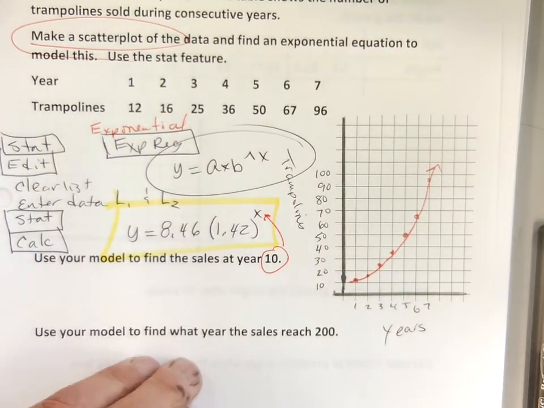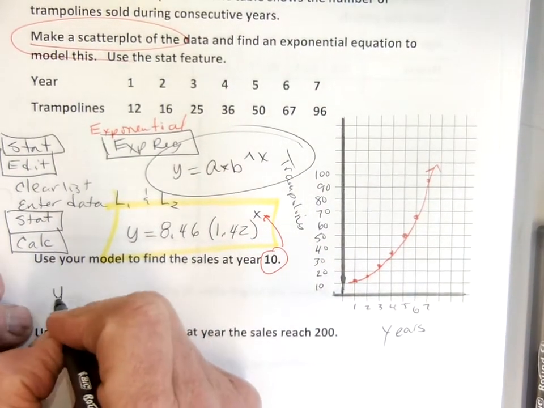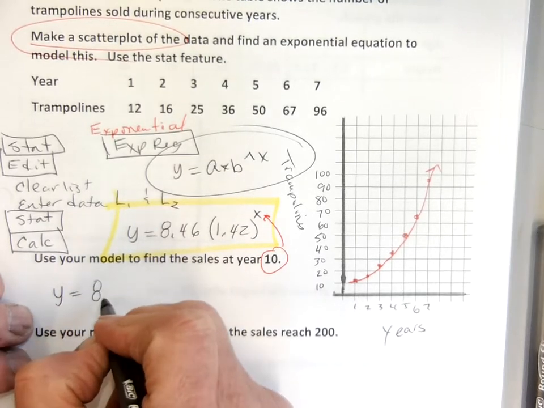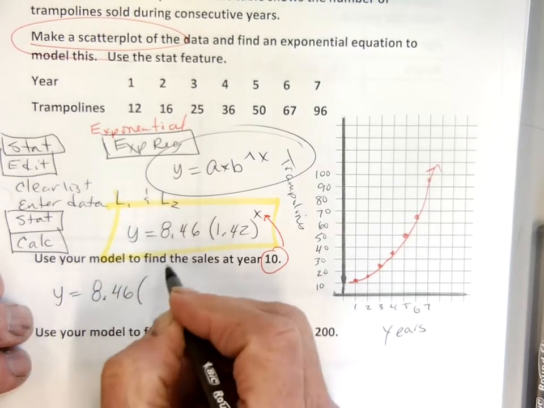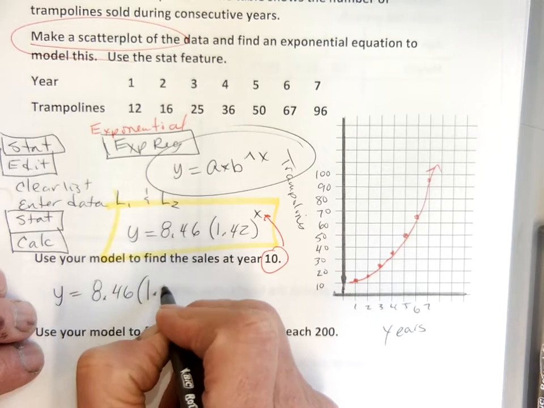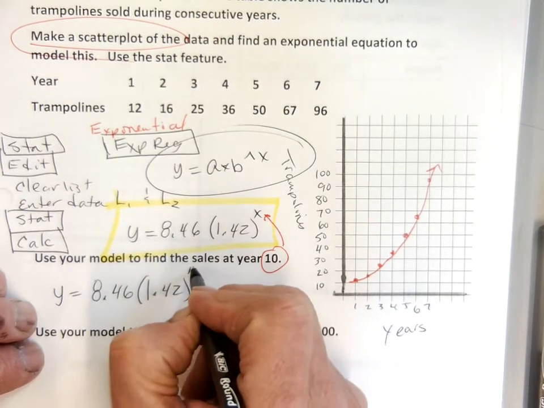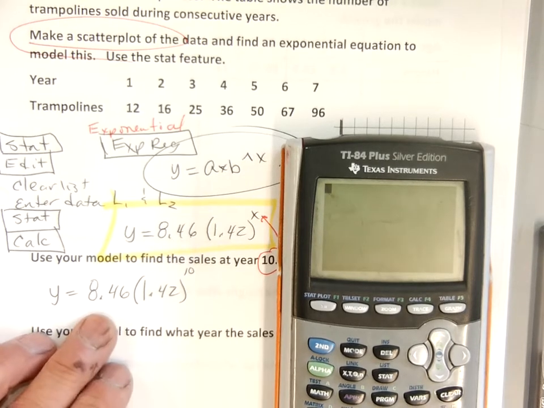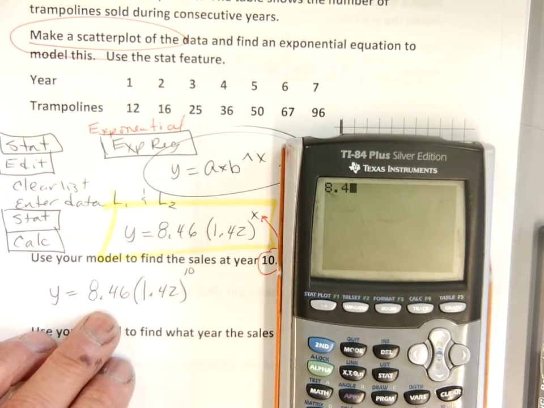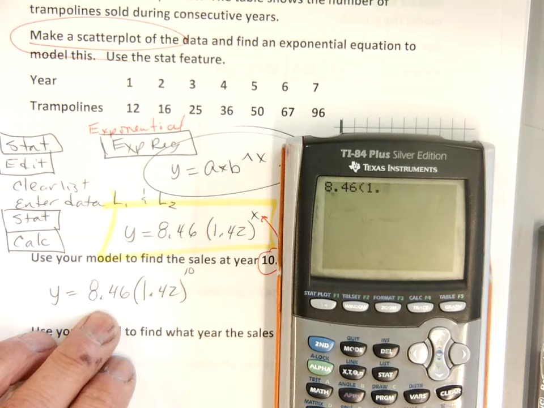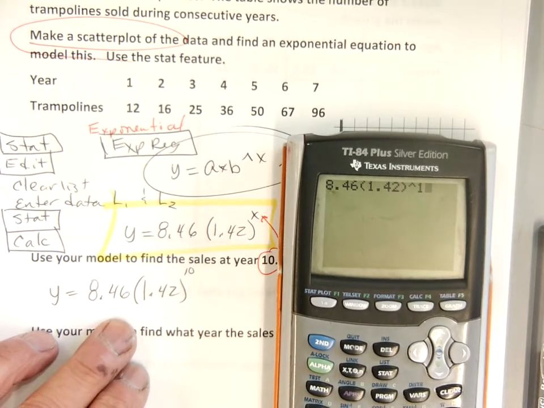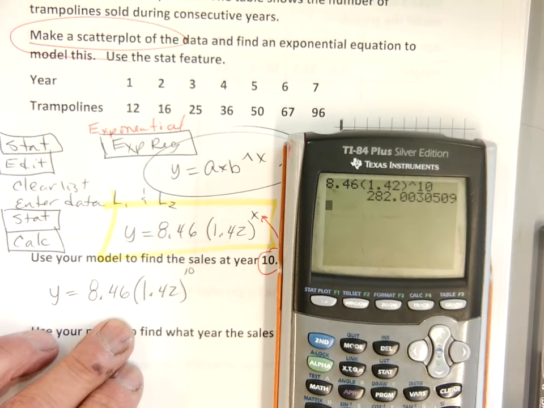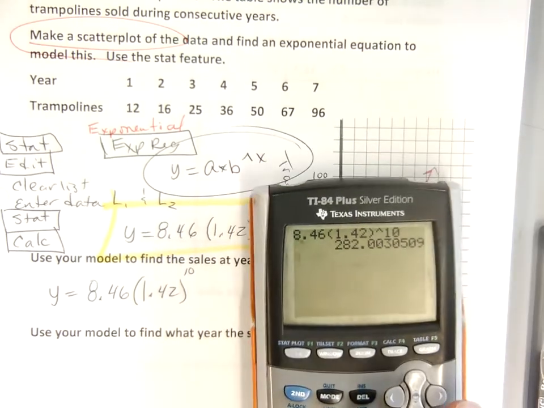I'm going to go y equals 8.46 times 1.42 to the power of 10. Yeah, about 282. So we'll be selling about 282.